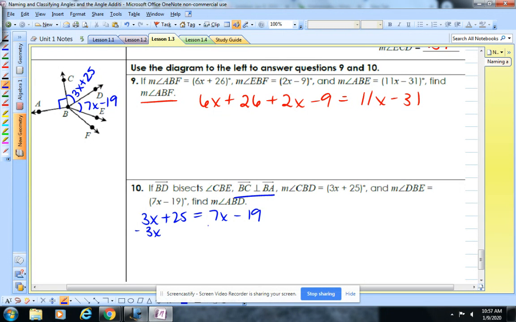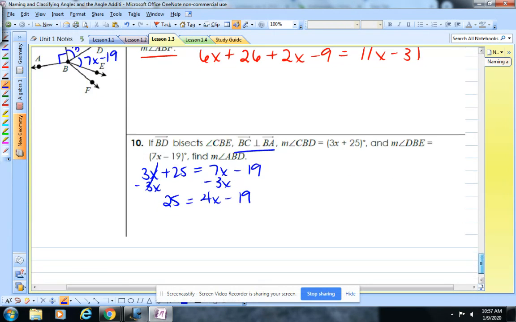So subtract 3x. 25 equals 4x minus 19. Add 19 to both sides. What's 25 plus 19? 44 equals 4x. Now what? Divide by 4. What's 44 divided by 4? 11. x is 11.